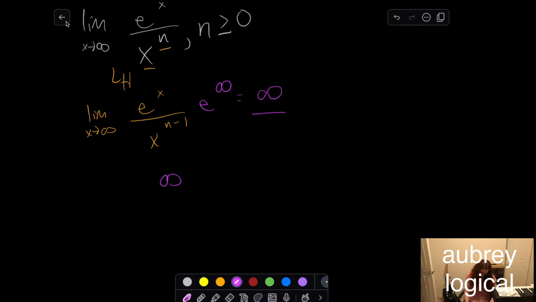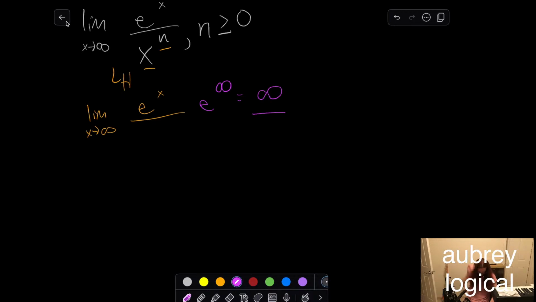So doing L'Hopital's rule, each time we do it, the power is going to decrease once, and we're going to have to do it until there's no power at all, and there's only an x and a potential coefficient, and then the x would go away, and you would be left with a constant value. So the whole point of this is that this is going to end up being just a number.